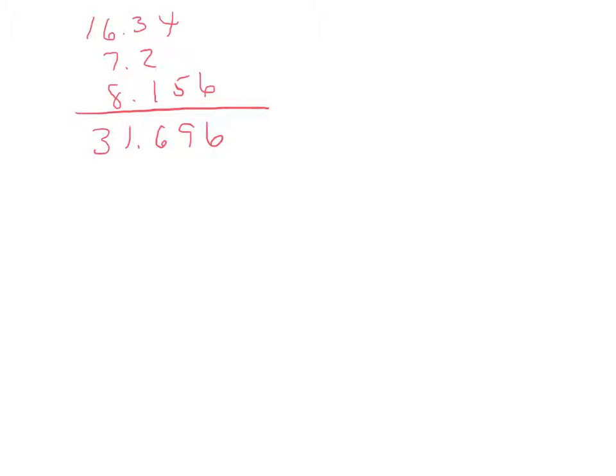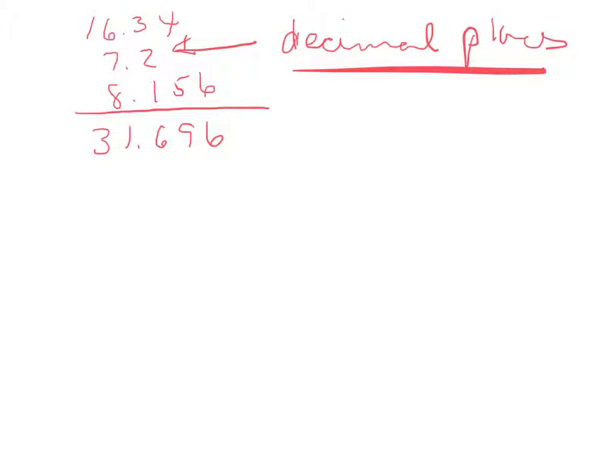But this is not correct, because rule number 2 is for addition and subtraction, and it's different from rule number 1. Rule number 2 says that when you're adding and subtracting, the answer must have the same number of decimal places, not significant figures, but decimal places as the least. So our answer is not 31.696, but 31.7.